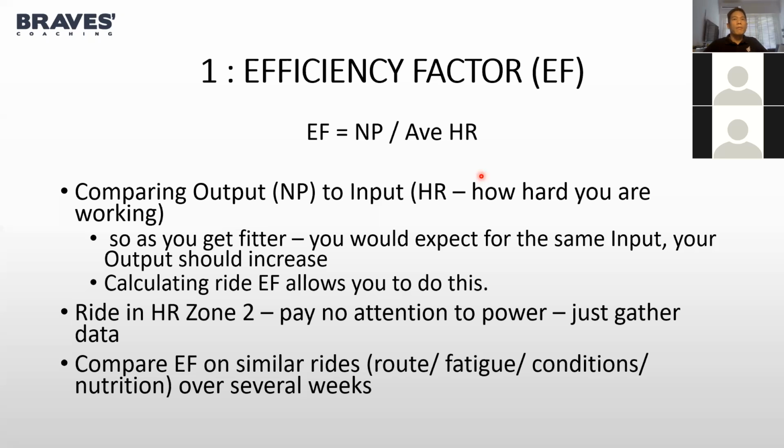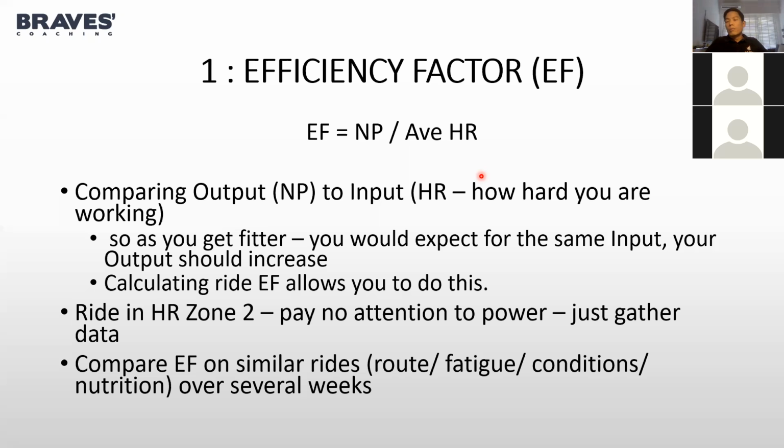So as you get fitter, you would expect for the same input, your output should increase. So for the same average heart rate that you ride, your normalized power should slowly start to creep up if you are indeed getting fitter and if you are indeed training right. So calculating your ride efficiency factor allows you to do this.